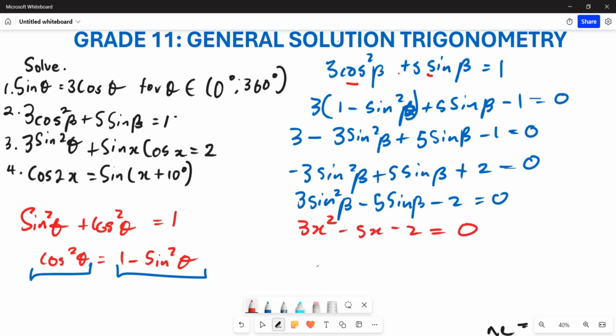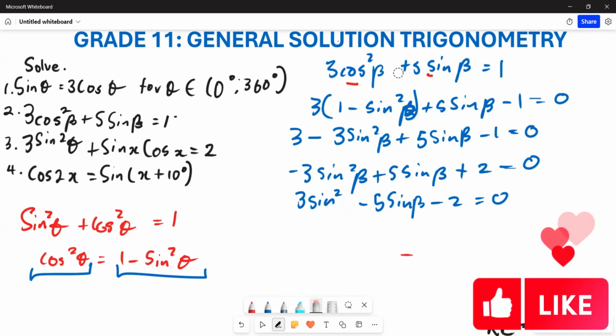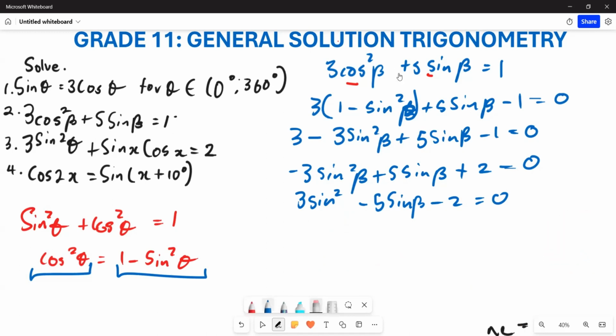If you are having this, you'd know that to factorize it, you would open 2 brackets and say this is 3x and this is x, and for you to have your 5, this was going to be 2 and here it was going to be 1, the 2 negative and the 1 positive. So the same is true: you can use the same factors, but now replace the x with sine, because here you are given sine.